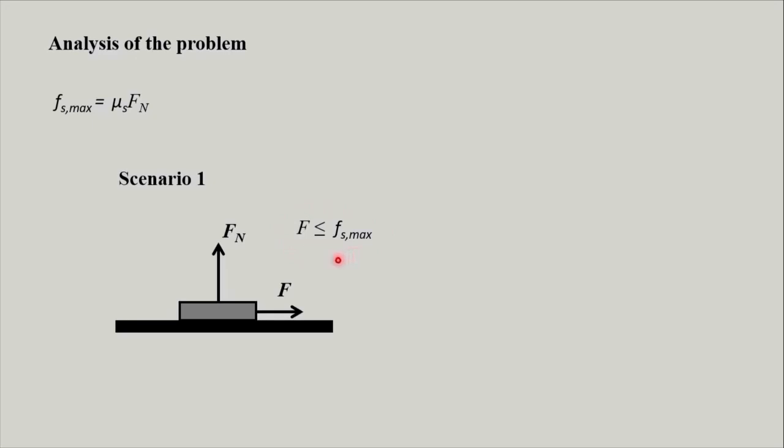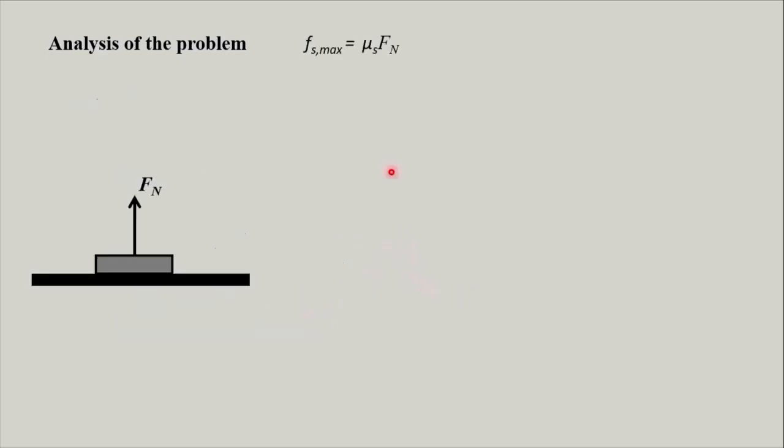Here appears the force of static friction, which balances the force F, so they have the same magnitude, and for this reason, in the horizontal direction, the net force is equal to 0, and acceleration is 0. So, if scenario 1 is realized, the force of friction equals the external force F, and acceleration equals 0.